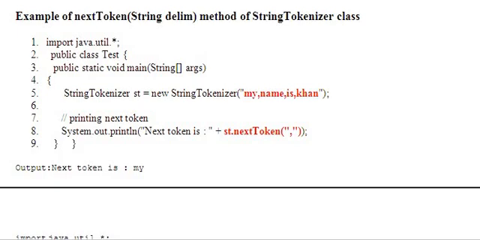So we always start with the first token here. If you use a loop, then automatically you get the next tokens also. That's what we discussed in the previous program. In this example, we specified the delimiter and we didn't use any loop here.